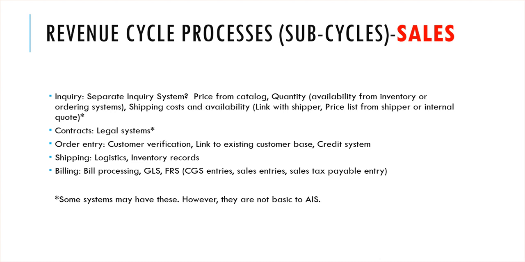In some instances, there are legal systems involved. It's not just in merchandising, again, where you use an AIS. Sometimes it's manufacturing, and oftentimes there are long-term contracts involved. In the service industry, for example, when you enter a contract for your cell phone, think of that.